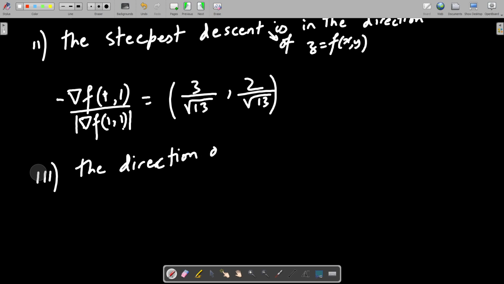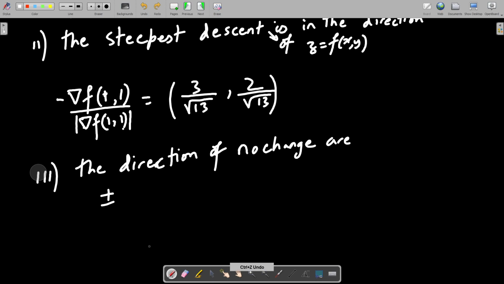The directions of no change are plus or minus (fy(1, 1), -fx(1, 1)) upon the norm of the gradient of f at (1, 1).